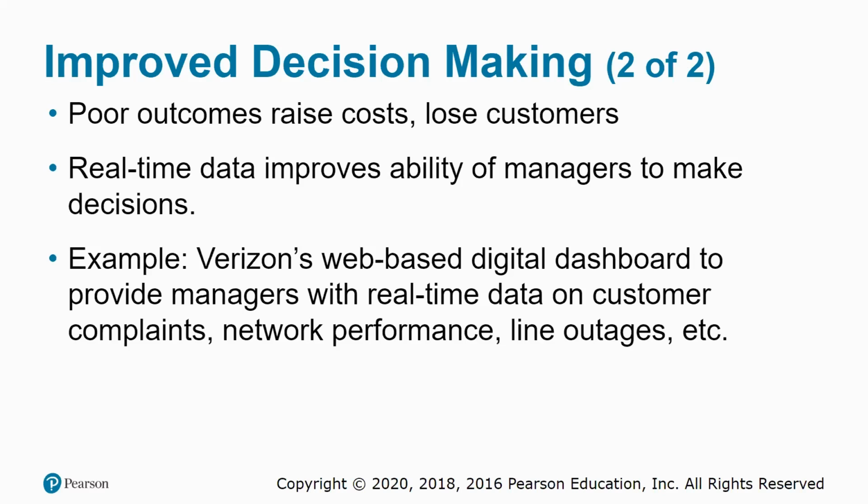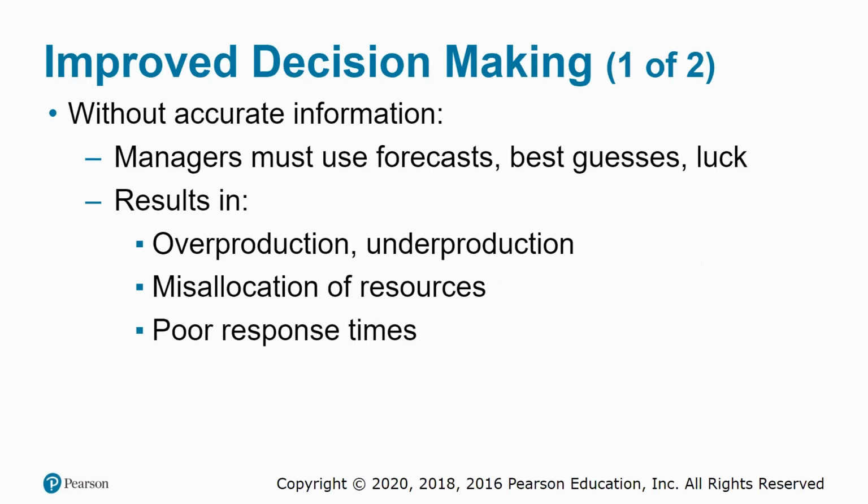The top level management might not necessarily take feedback from lower level managers, etc. And there are different reasons why this happens. Sometimes it's just the delay, the long process to get through all the red tape, right? So all of this results in poor outcomes, raised costs. We lose customers when these things happen. And real-time data really does improve managers' decision-making ability.